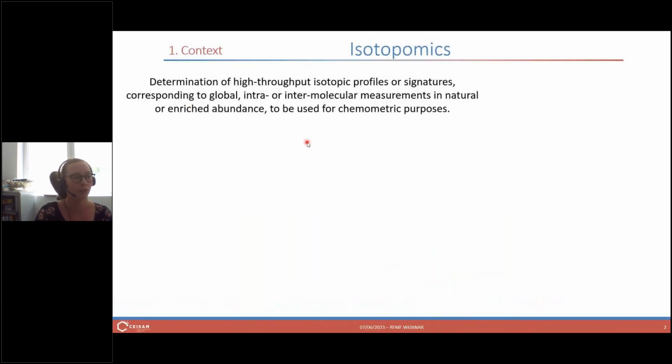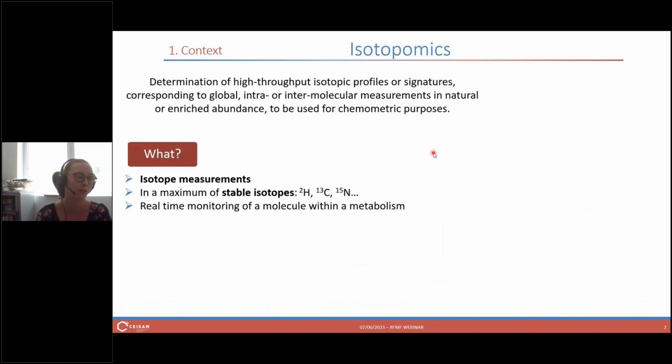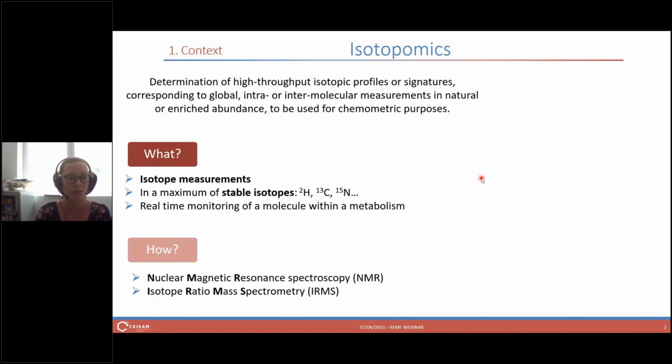It's the determination of high-throughput isotope profiles or signatures corresponding to global, intra, or intermolecular measurements in natural or enriched abundance, to be used for chemometric purposes. To sum up, it corresponds to isotope measurements in a maximum of stable isotopes like deuterium, carbon-13, and nitrogen-15, and it can be used for real-time monitoring of molecules within metabolism.